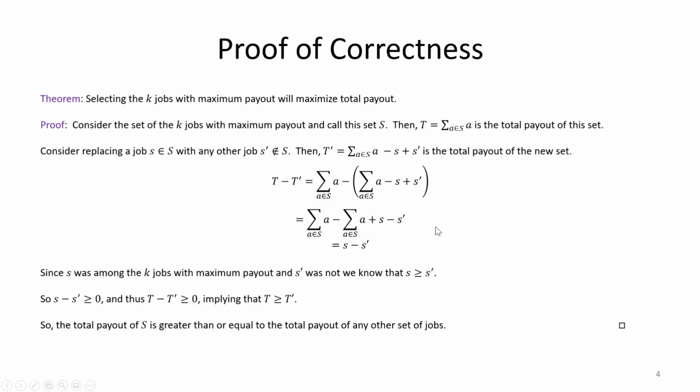Okay, now we might ask, but have we really compared the set S to every possible other set of size k? Well, the truth is this: every other set of size k can be created through a series of swaps like we've just done here. If we want to make another set, we just need to take one out, put one in, take one out, put one in, and at most we do that k times, and we'll get the new set.